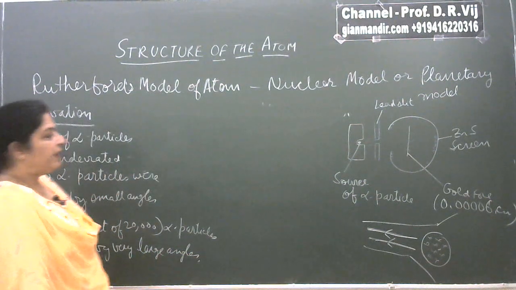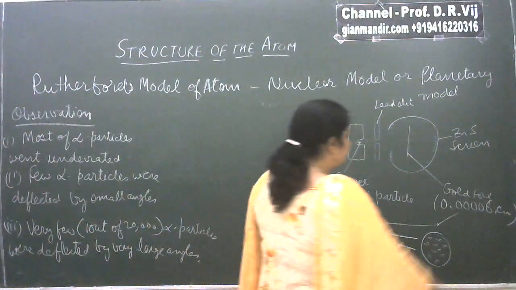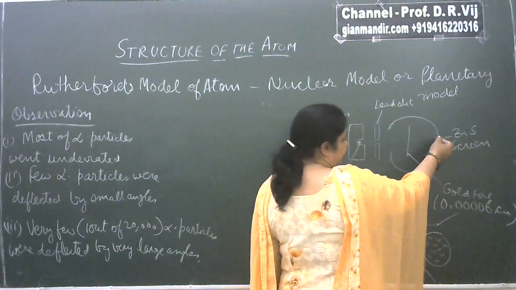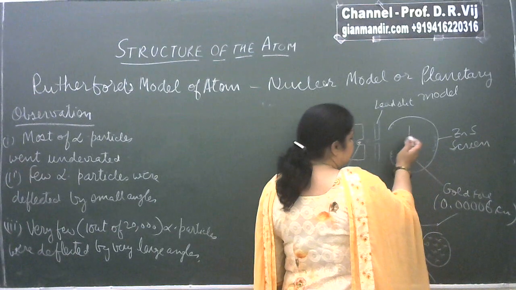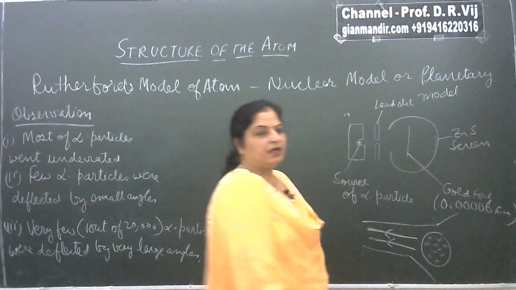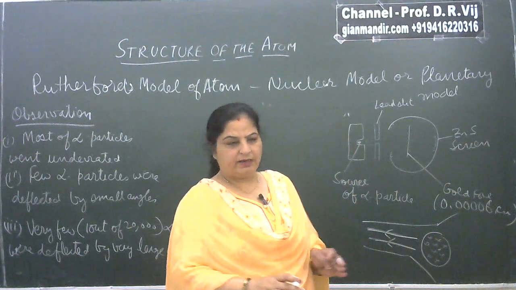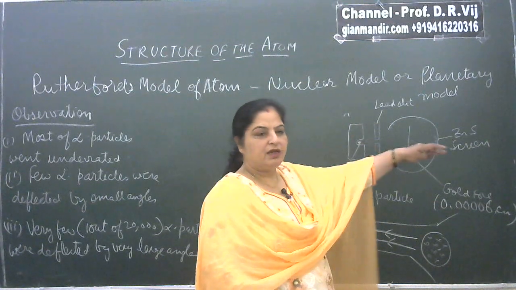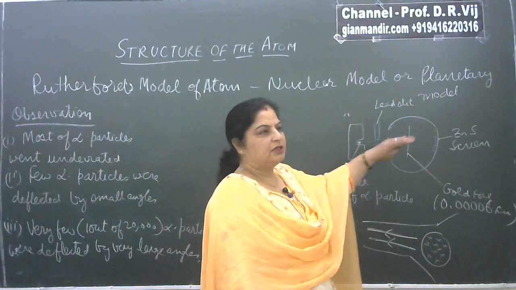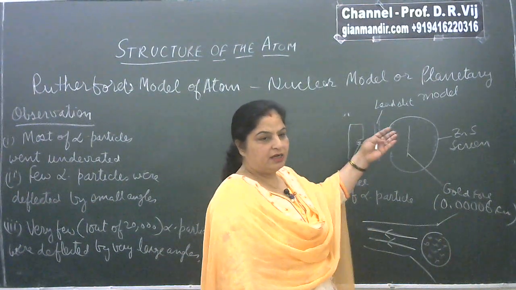As you can see here, as most of the glow was localized in this area just behind the screen, it shows that most of the alpha particles are coming straight. They are not changing their path; they are not getting deflected.